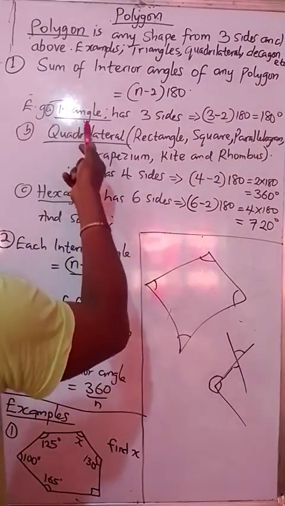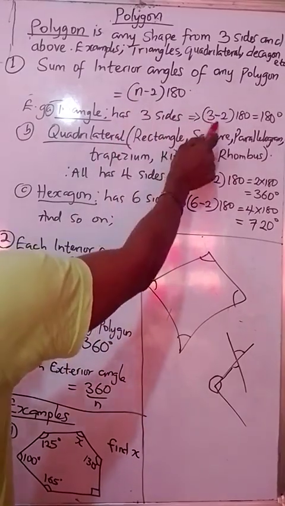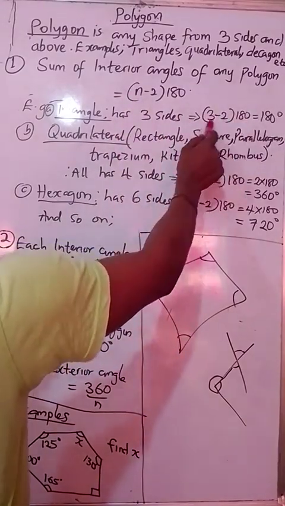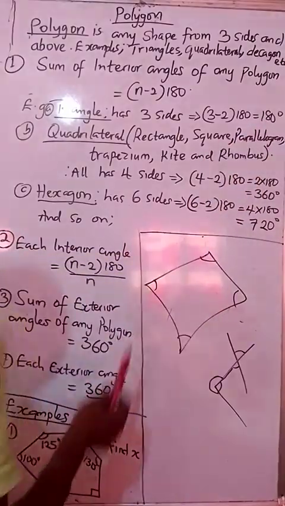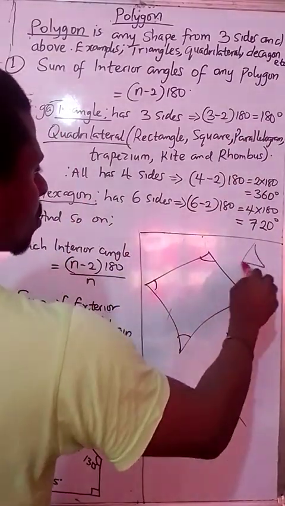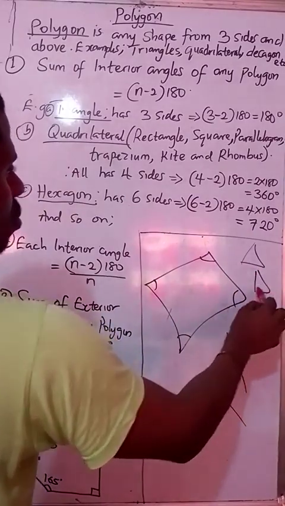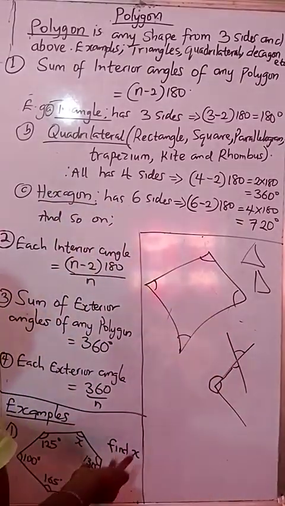Remember, a triangle is a polygon. It has three sides. So using this formula, (3 minus 2) times 180. 3 minus 2 is 1. 1 multiplied by 180 is 180. So that's where the sum of angles in a triangle equals 180 degrees.